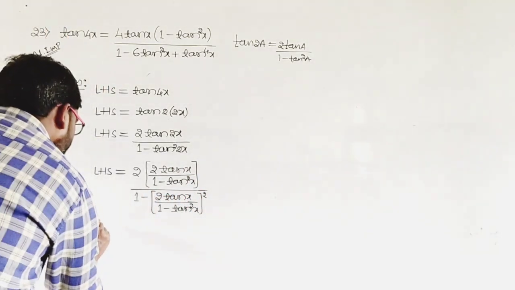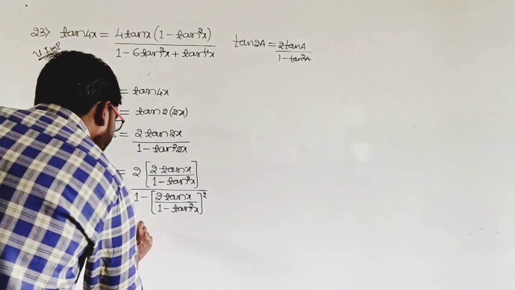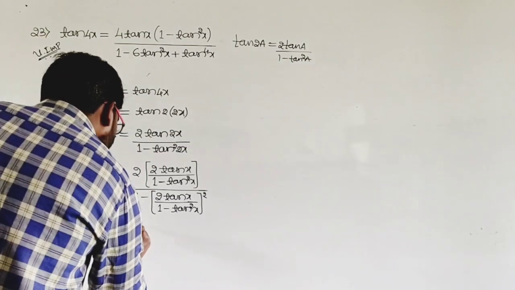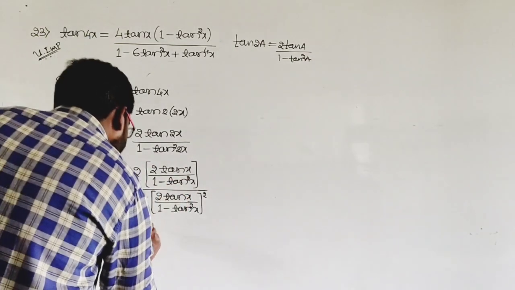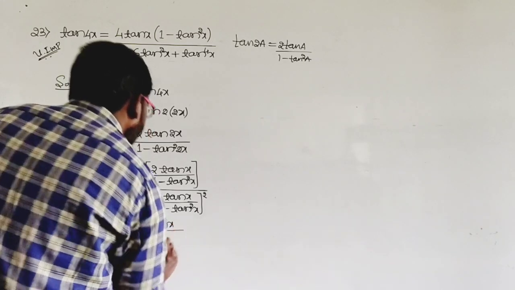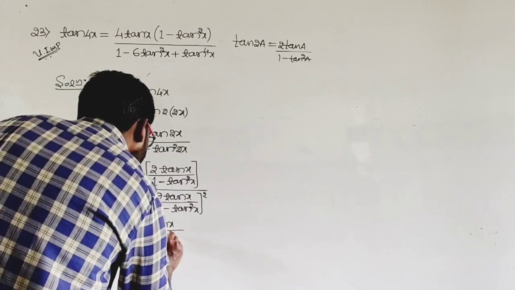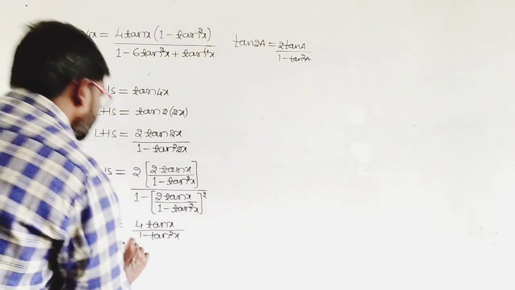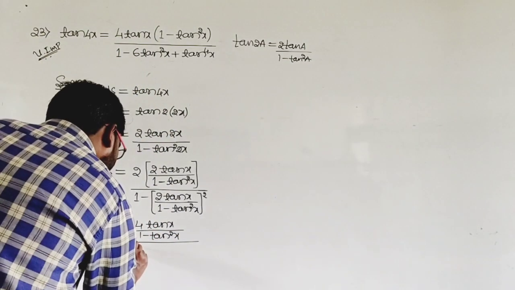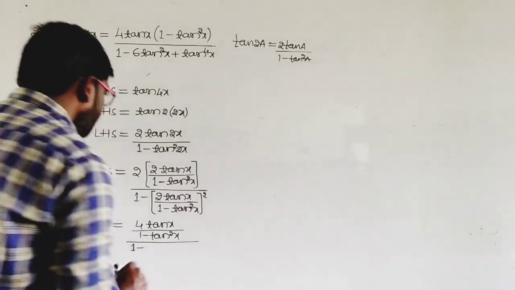So here LHS is equal to, see here, 2 I will be writing as it is. So now 2 into 2 becomes 4 tan x divided by 1 minus tan square x, then whole divided by 1 I write as it is. Then minus.